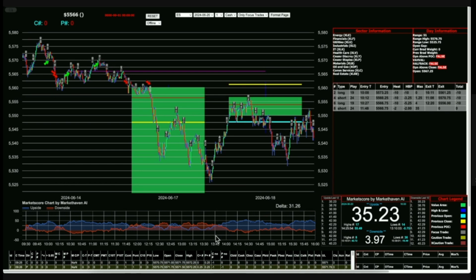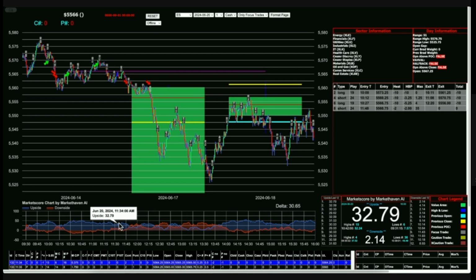There are times when the pressure is apparent and has an effect on it, but doesn't necessarily actually get to fulfill its desire in moving the market up. And on this day, it's a perfect example that Marketscore was really trying to push it up, or the market was trying to be pushed up, and Marketscore was showing this, but it just couldn't actually happen during the cash session. And in the overnight, this was able to actually happen in a 28-point move to the upside.